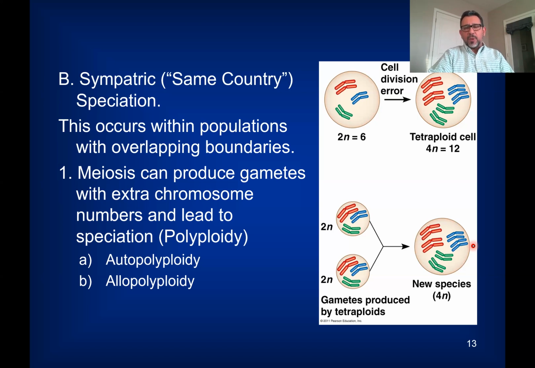So allopolyploidy here means that two separate species contribute to the making of hybrids that are polyploid, meaning extra sets of chromosomes, and those can in turn become fertile and reproductive hybrids, making a new species.